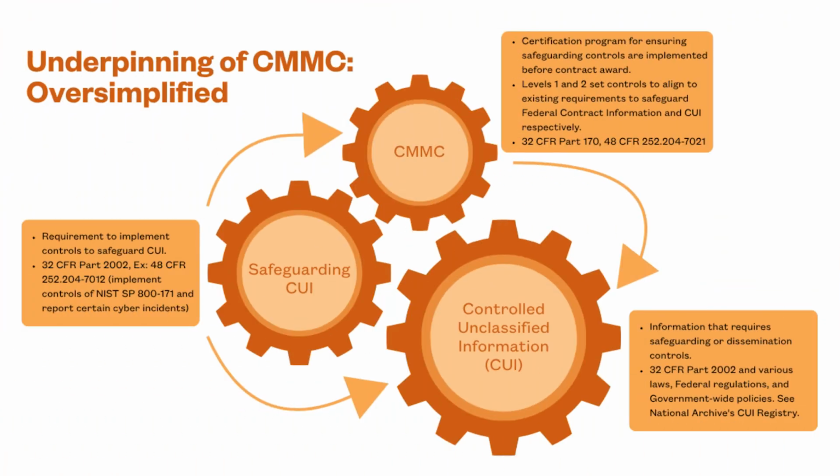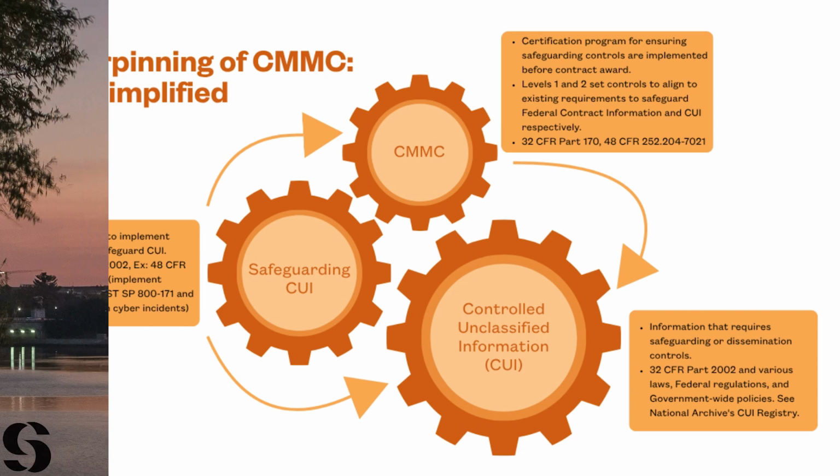Now let's move up the graphic to safeguarding CUI. In this section, we're focusing not on the various legal frameworks that identify and govern sensitive information. We're now noting the requirements to implement controls to safeguard CUI in non-federal systems. A prominent example is the requirement to safeguard covered defense information for certain contracts and subcontracts with the U.S. Department of War based on DFARS 252.204-7012.